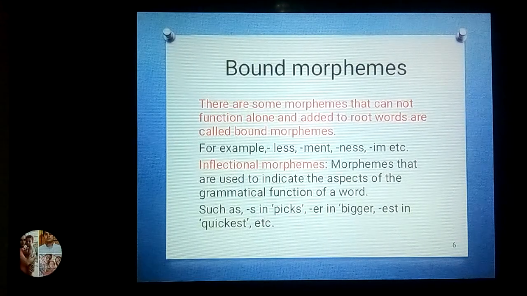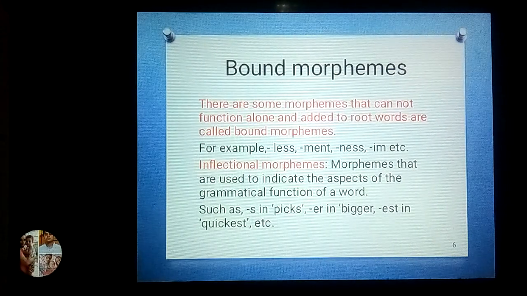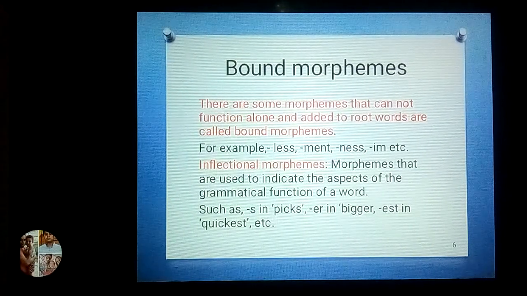Bound morpheme. There are some morphemes that cannot function alone and are added to root words; they are called bound morphemes. For example, less, ment, ness, in, etc. Suppose the word impartial.